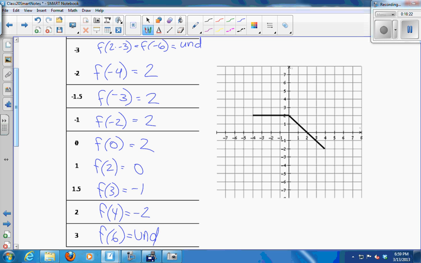I'm going to have -3 undefined, so that's not there. -2, 2. -1.5, 2. -1, 2. 0, 2. 1, 0. 1.5, -1. 2, -2. And 3 is undefined. So this is my new graph.